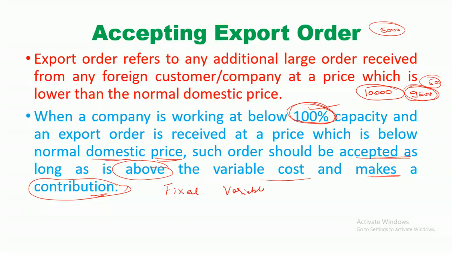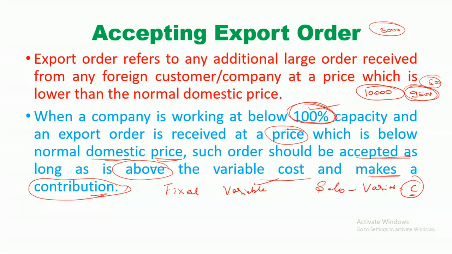Because the price is lesser than the domestic market, we have to worry about the variable cost. So you deduct the variable cost from the sales to get the contribution, right? If the contribution is positive, then you can go ahead and accept the export order or foreign offer, and if the contribution is negative, you can reject the foreign offer.